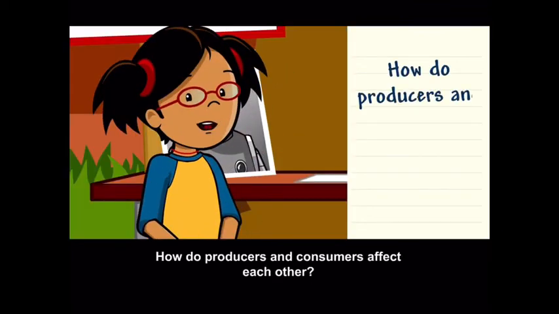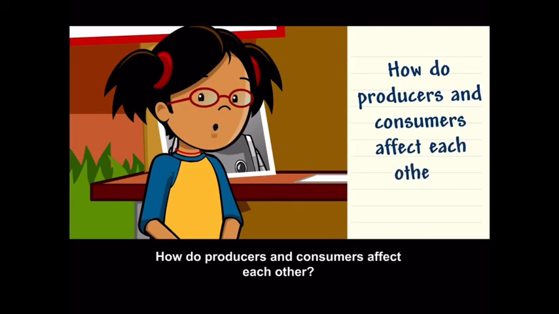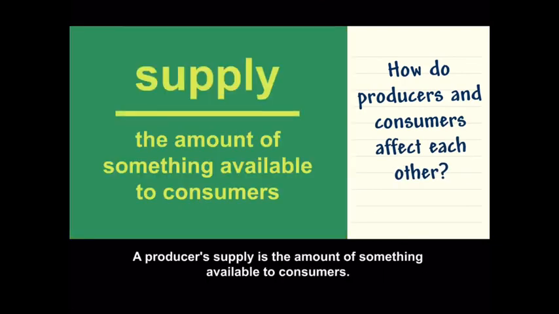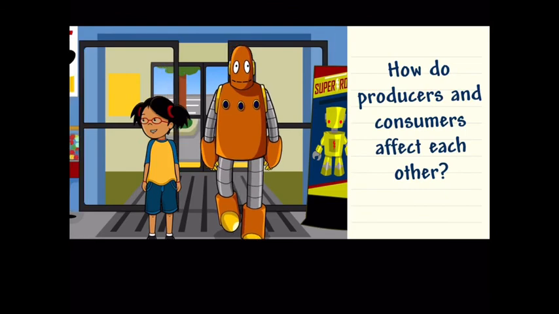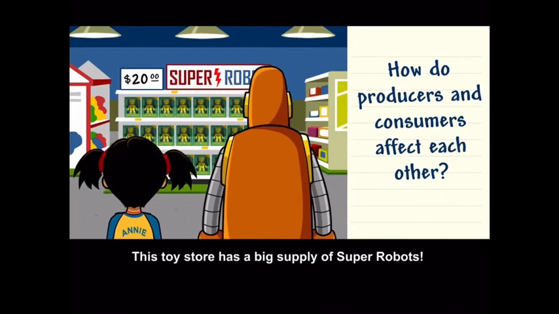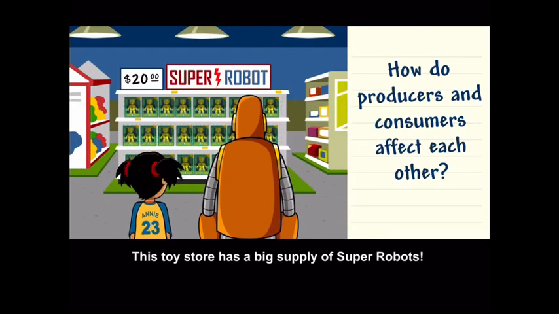How do producers and consumers affect each other? A producer's supply is the amount of something available to consumers. This toy store has a big supply of super robots.